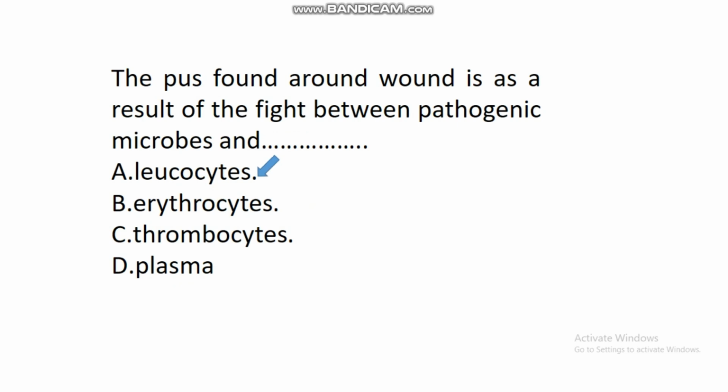Well, leukocytes is another name for white blood cells. Studies have shown that the white blood cells is a type of blood cell that defends the body against diseases, and these white blood cells, also called leukocytes, fight microorganisms that are capable of causing diseases in the body.